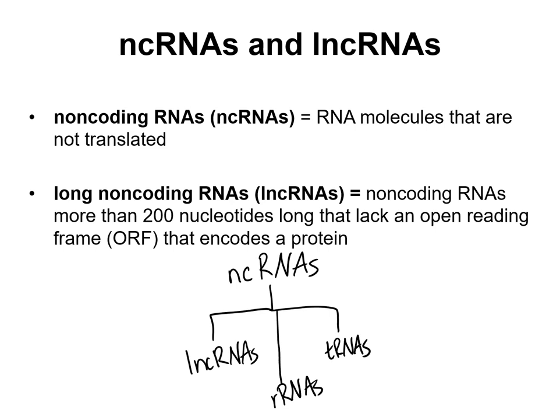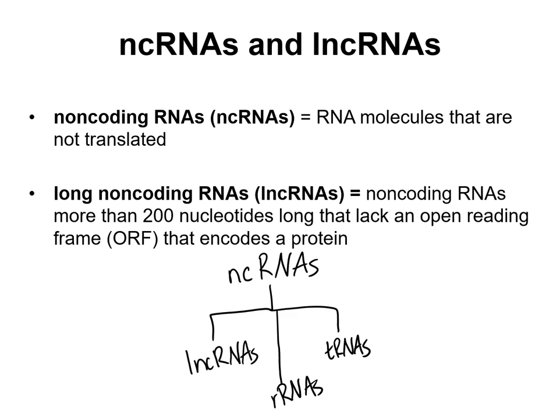All of these RNAs can be considered non-coding RNAs as long as they don't get translated to protein by a ribosome. The long non-coding RNAs are non-coding RNAs that are more than 200 nucleotides long, and they don't have an open reading frame. So it's a long strand of RNA that doesn't code for anything.